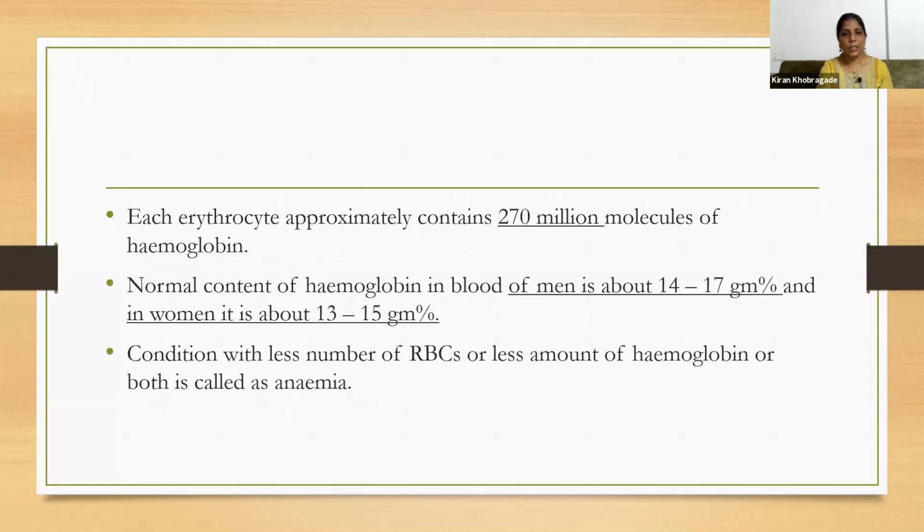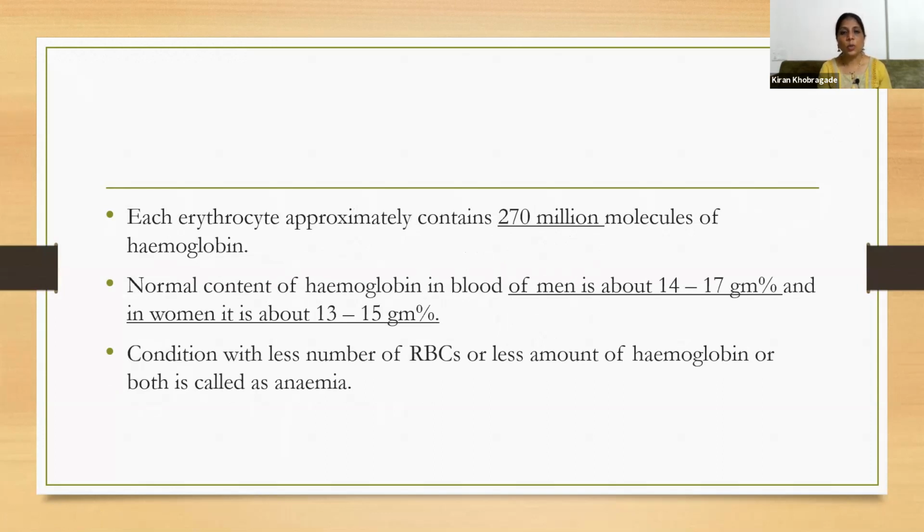Now, each erythrocyte approximately contains about 270 million molecules of hemoglobin. Each erythrocyte cell, that means each RBC cell, how much does it consist of? About 270 million molecules of hemoglobin. We know hemoglobin is one type of protein.